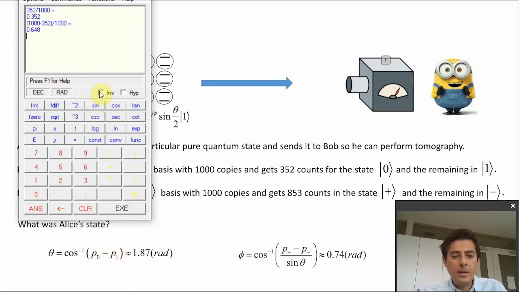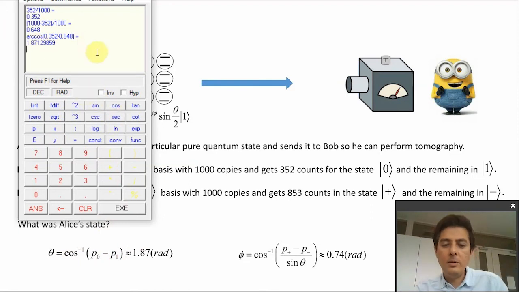And if we want to work out what the angle is, then we take the inverse cos of P0 minus P1, so that's equal to the inverse cos of 0.352 minus 0.648, and so that is 1.87. And I'm working in radians here. If you want to turn this into degrees, you can also do that.